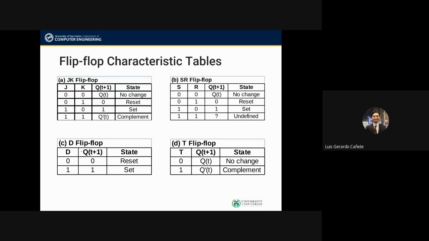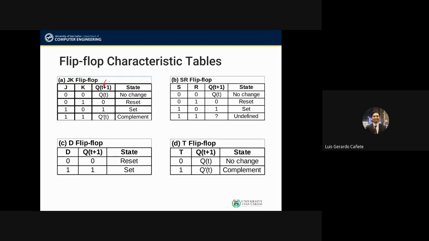So your characteristic tables are composed of the different possible values of the inputs, like J and K. But notice now that we are using a term called Q(t+1). And this means the value of Q after the transition, after the trigger.